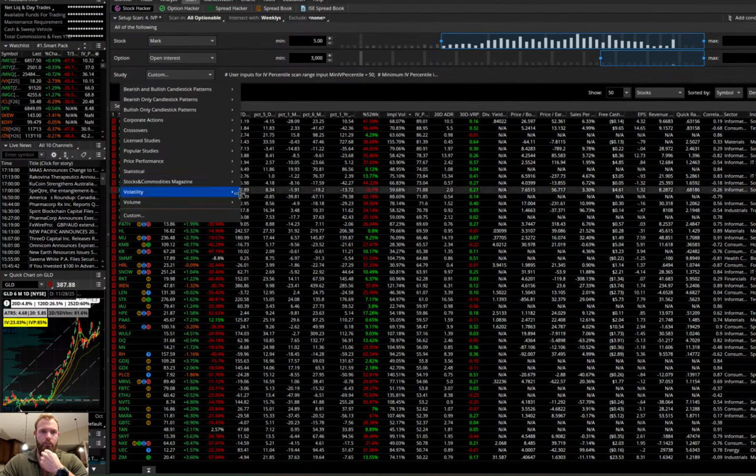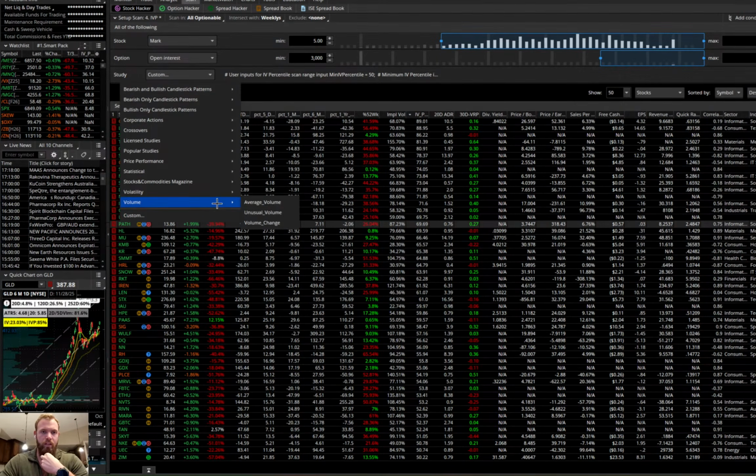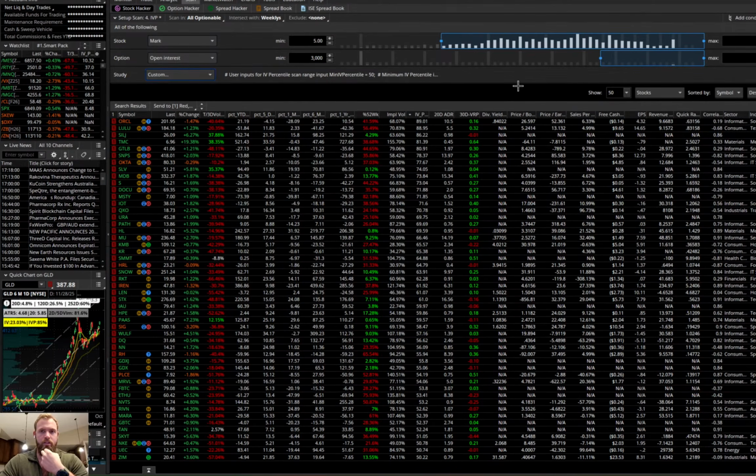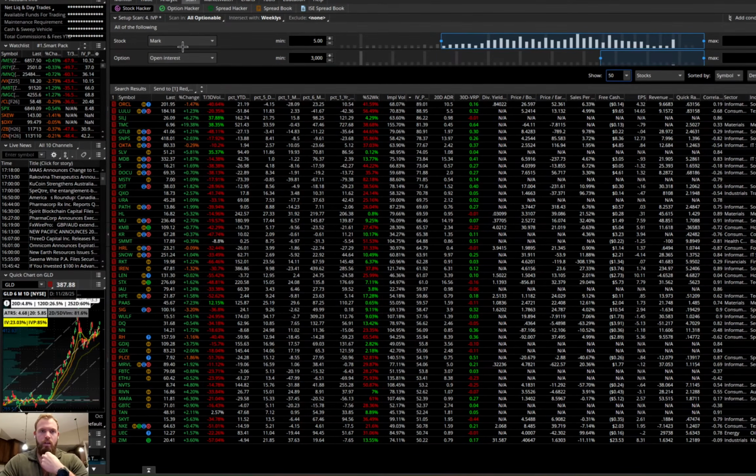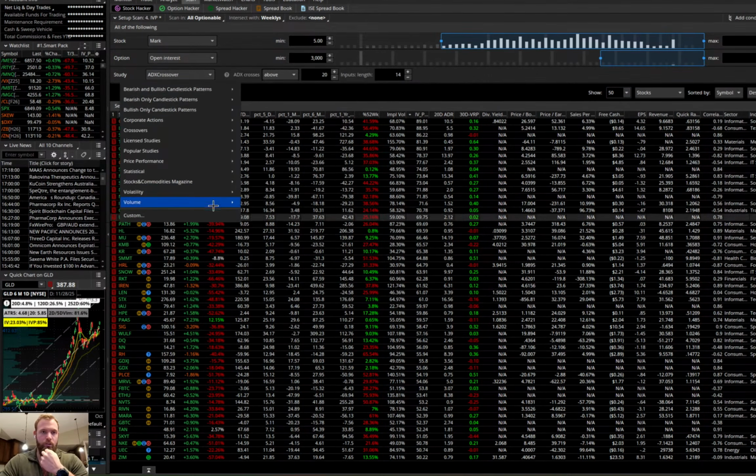The problem with their implied volatility rank is their IV rank has a series of issues, and it's because their implied volatility percentile is actually IV rank. So if you use that, just make sure you're aware of that.